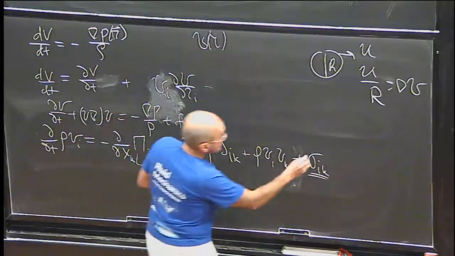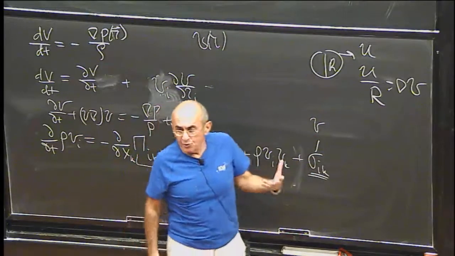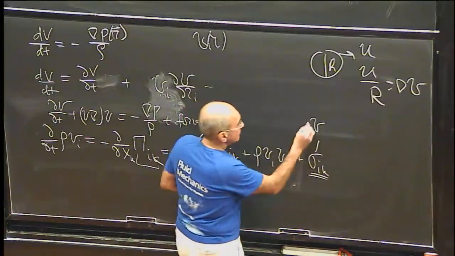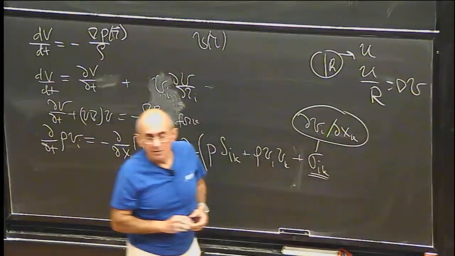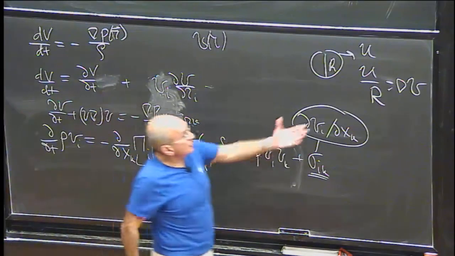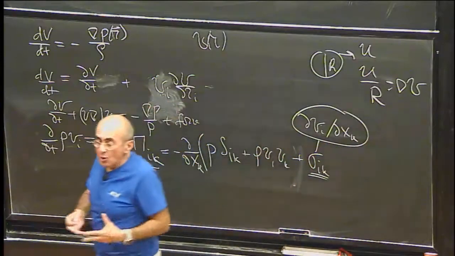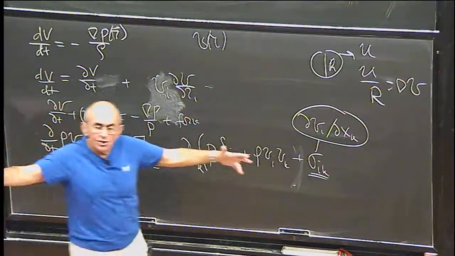But we expect that this something must depend on V, and also not on V, because as we discussed, homogeneous V does not produce anything. It would depend on the derivative dVi over dxk, right? And again, we assume that we do not have very large gradients of velocity. We assume that those gradients are small, or typical scales of velocity change are large, comparing to what?